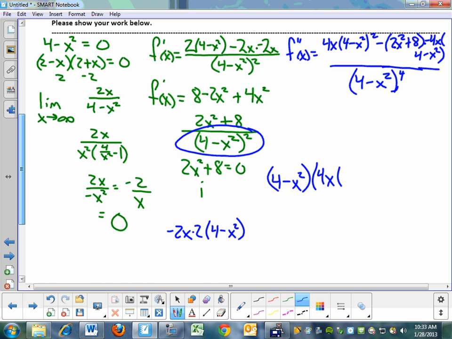So 4 minus x squared times 4x times, we're left here with just a 4 minus x squared because we took one of them out.